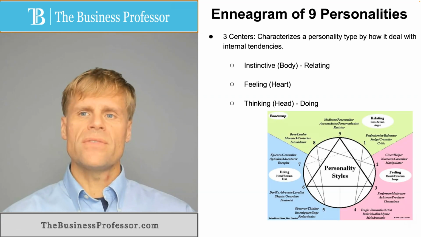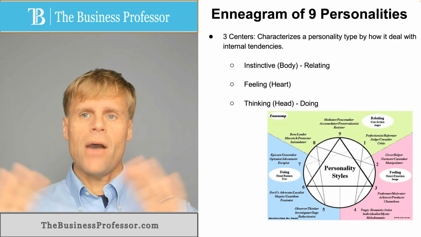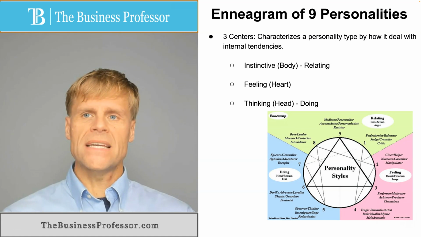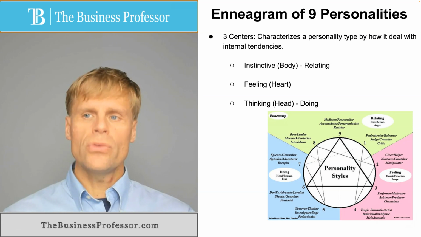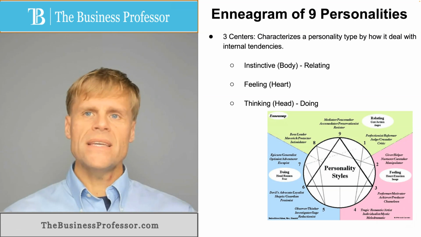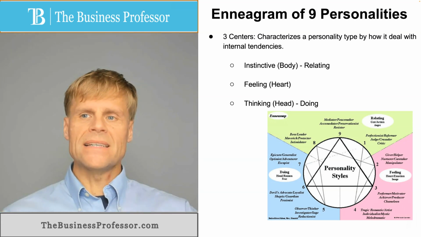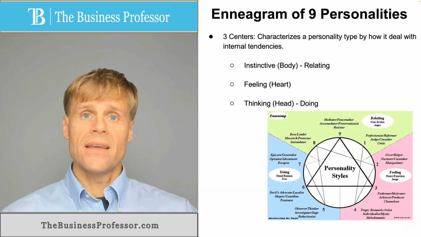But here's an image of the Enneagram. Take a second to look at this so you can see how each of these personality types fit together. You'll see 1, 8, and 9 fit together, 5, 6, and 7 fit together, 2, 3, and 4 fit together. And once again, all of this is based upon how these personality types would deal with the same emotional state.